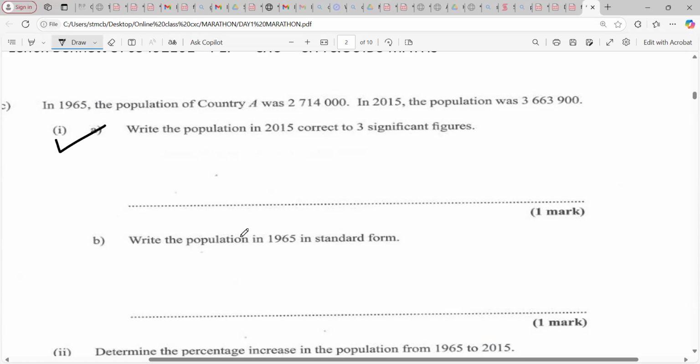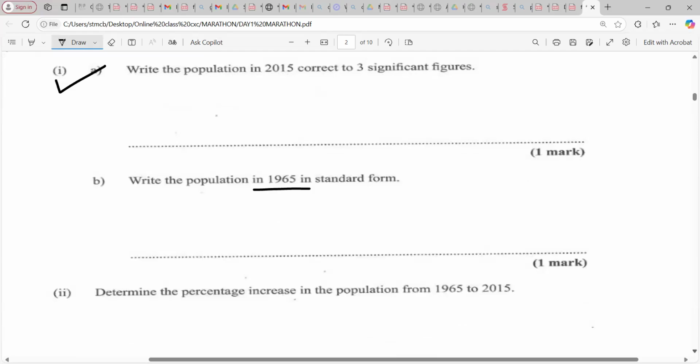Now, write the population in 1965 in standard form. And then determine the percentage increase in population from 1965 to 2015. So try those two, guys, and then we can go through it.